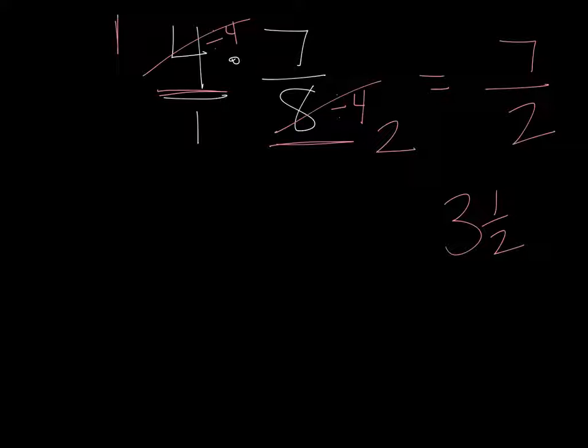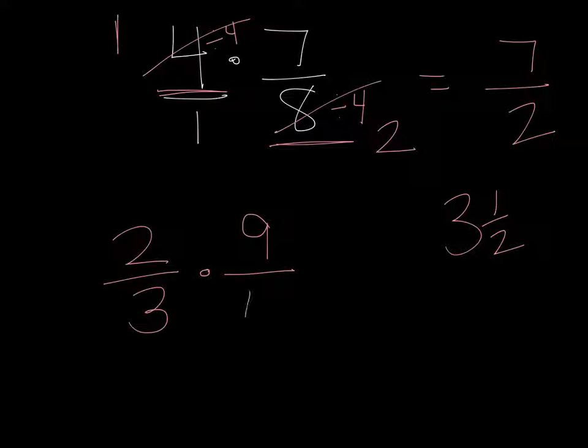Let me try another one. 2/3 times, let's do 2, 9/6. So I have to do opposites, numerator and denominator, which I could already simplify that one, so that's not a very good example.